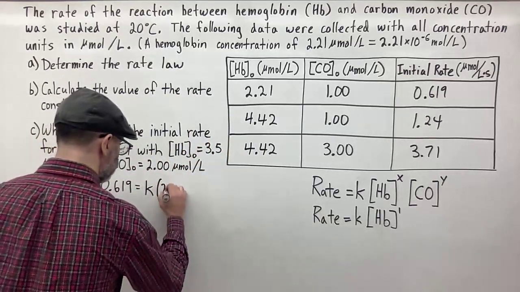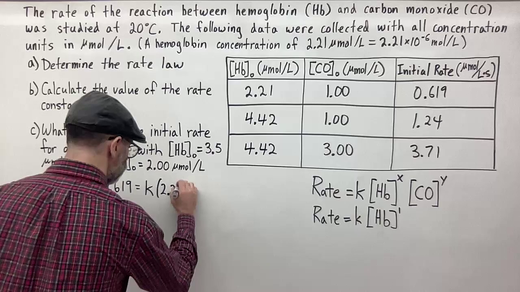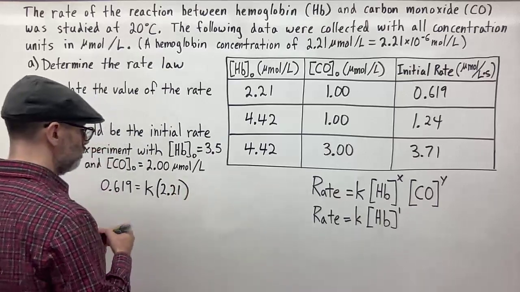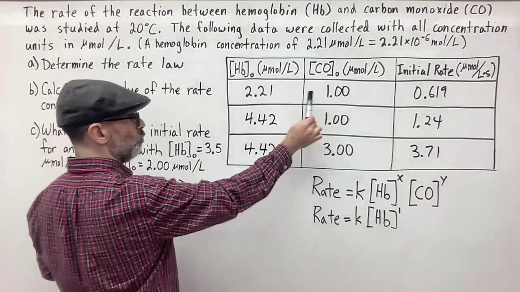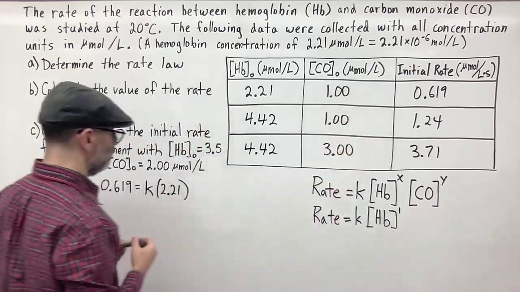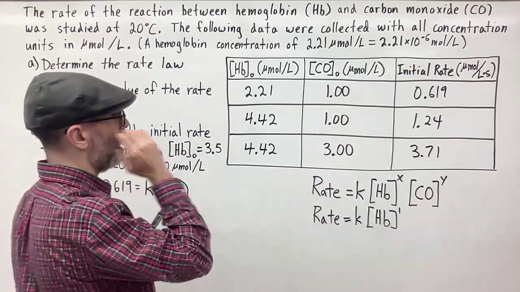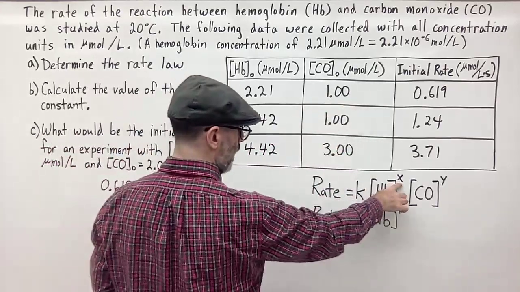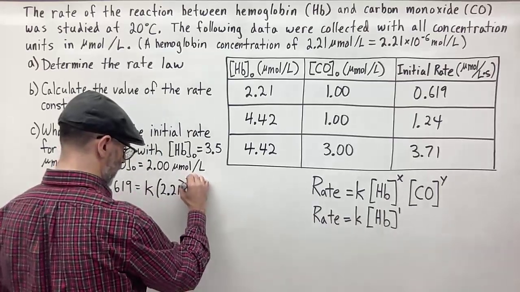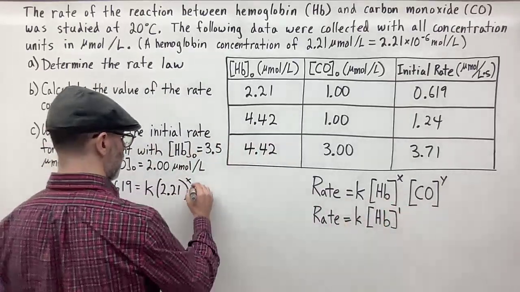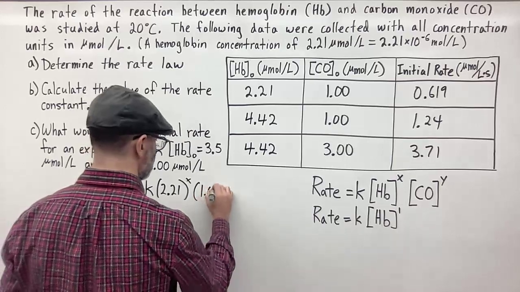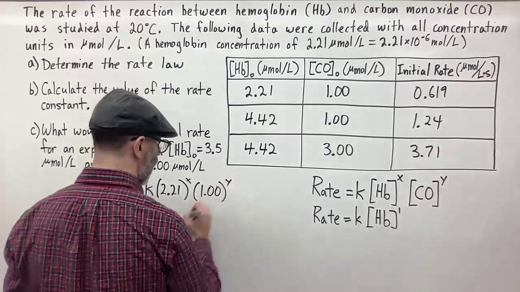And then we have for the carbon monoxide, that is going to be 1.00. But don't forget, we have X here, so we have to put the X. And then Y is, that's going to be carbon monoxide, so that's 1.00 to the Y.